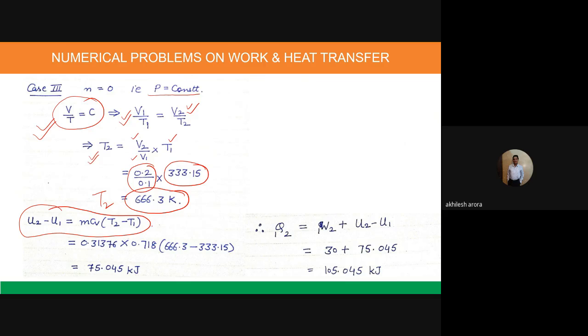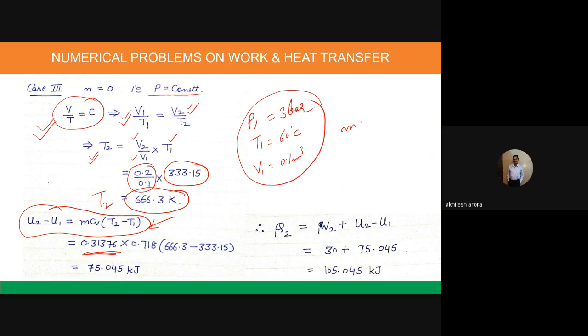And then change in internal energy can be calculated. This is the universal formula for the change in internal energy, m Cv delta T. So mass will remain the same, which we calculated in case of the polytropic process, because it's a closed system. So the mass will not change, because the initial state, that is pressure P1, which is equal to 3 bar, initial temperature 60 degrees Celsius, and initial volume 0.1 meter cube, is the same in all the processes, so the mass will remain constant.